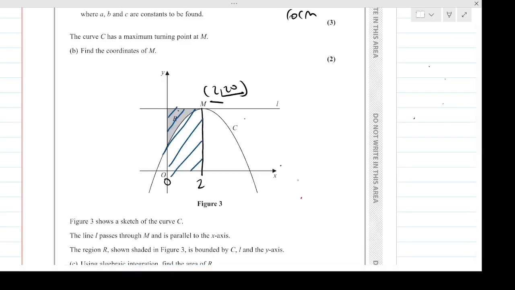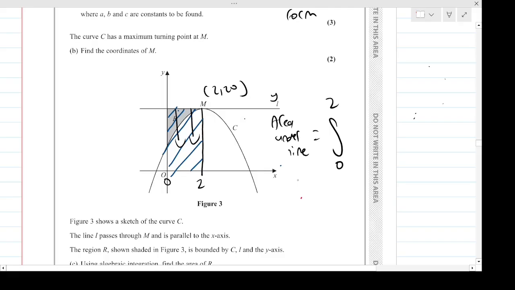Or, if you didn't spot we have a rectangle here, then the area under the line can be computed by the integral from 0 to 2 of the straight line. Well, we're not given the straight line equation, but we can easily find it because it's going to be a horizontal line.